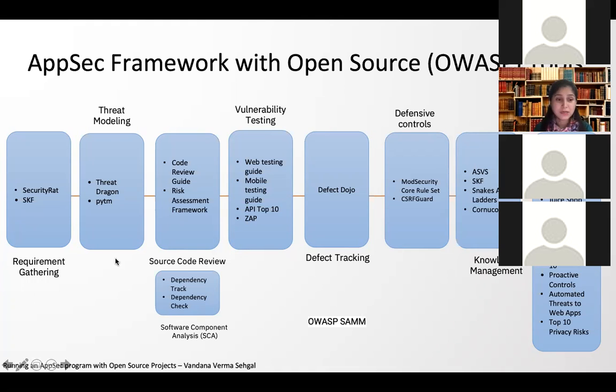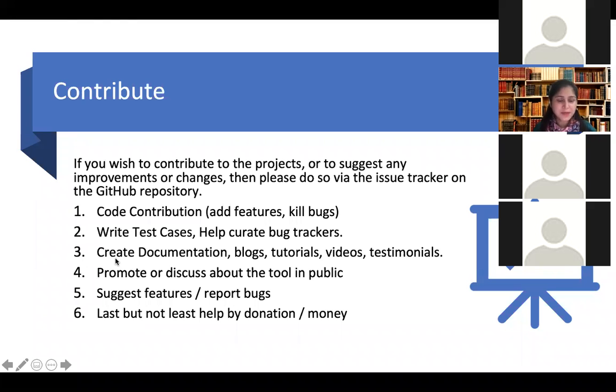To sum up, all these projects are run by leaders who are giving their free time or spending their valuable time. So they also need people who can support them and help them in any way possible. You can contribute via code contribution, because everything is on GitHub.